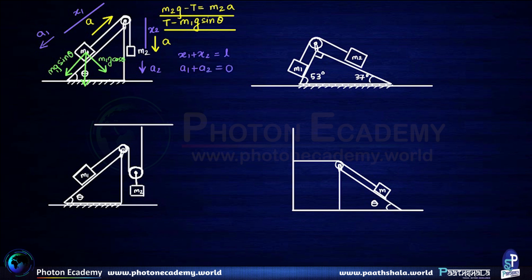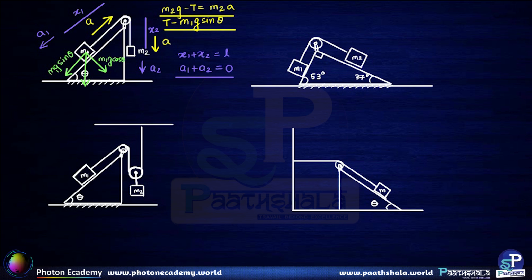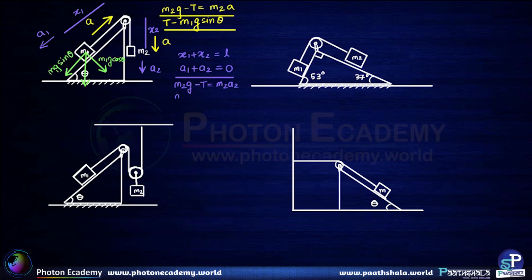So this is one equation, and while using constraint motion equations, the other two equations that we can write down from Newtonian dynamics are m2g minus T is equal to m2a2 and m1g sine theta minus T is equal to m1a1. So this is the analysis of the first diagram.